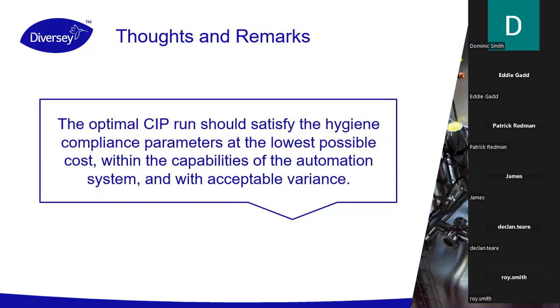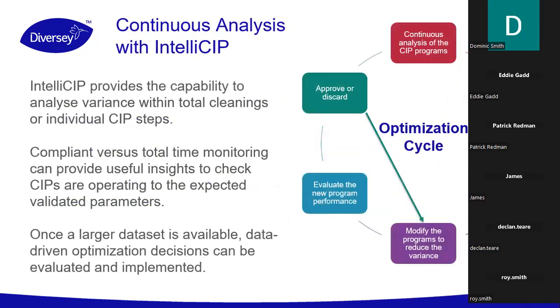If you're just looking at one clean, whether it's compliant or not, you will see yes or no, it's compliant. But you won't see the scatter. And what can we do with that? Well, once you analyze the program, you identify the processes with the highest variance, you investigate the reasons for the variance, and you may or may not modify the program to try to reduce the variance.